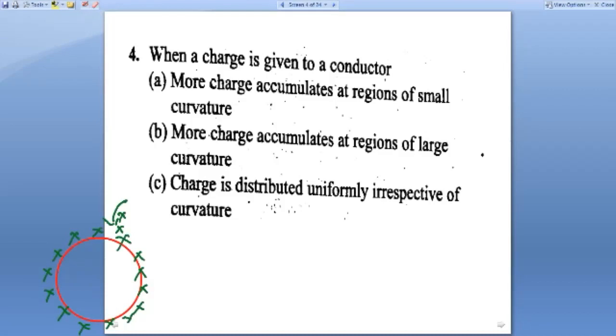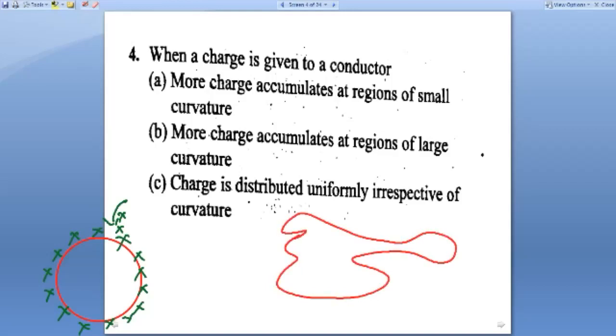So let's take the irregular body. If the body shape is irregular like that, in this condition most of the charges accumulate where there is less curvature.